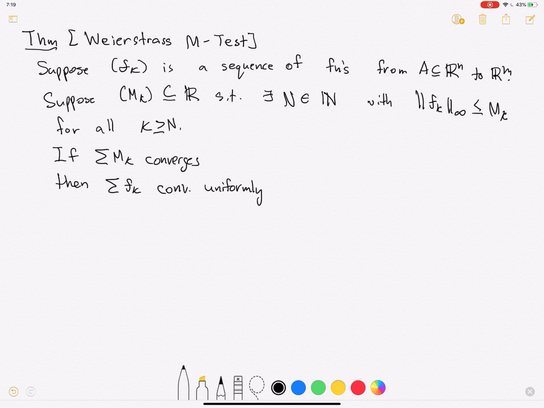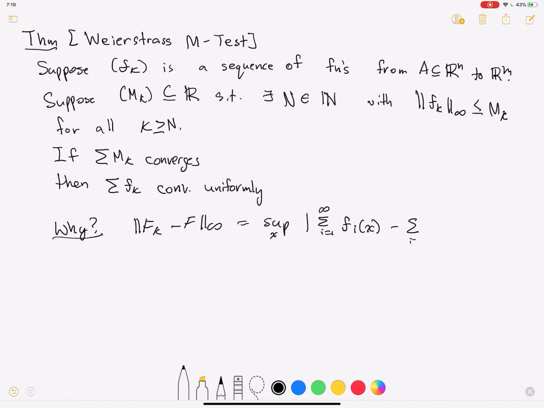And why is that the case? Well, look at the infinity norm of f_k minus f. If you substitute everything in, it's the supremum over x in A. I'll just write x so it's less messy. That's the sum from i equals 1 to infinity of f_i(x) minus the sum from i equals 1 to k.